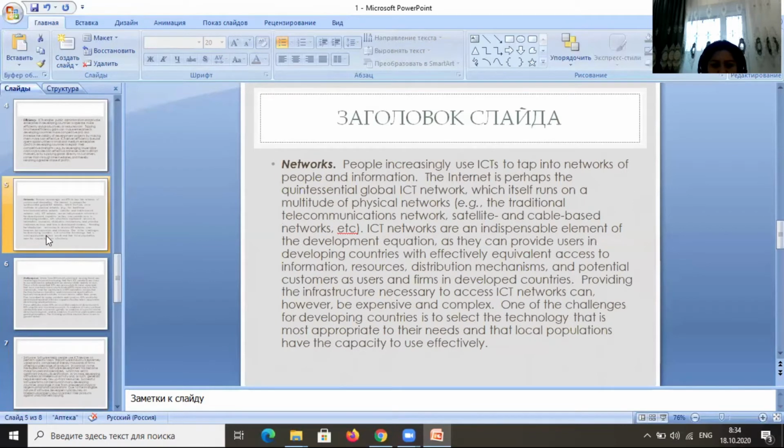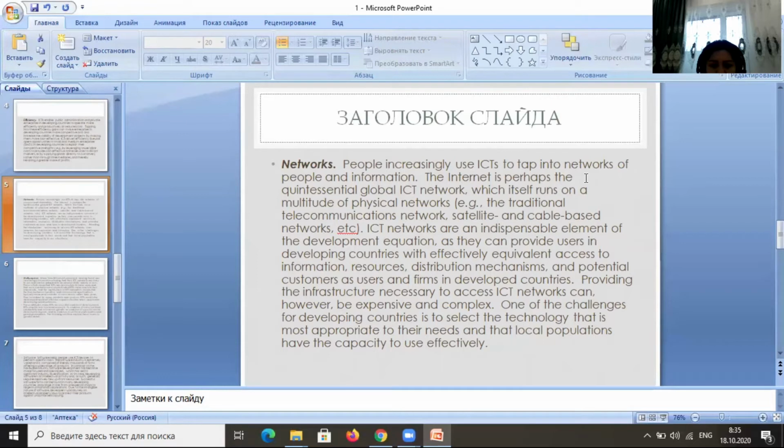Network. People increasingly use ICT to tap into networks of people and information. The internet is perhaps the quintessentially global ICT network, which itself runs on a multitude of physical networks: the traditional telecommunications network, satellite and cable-based networks.